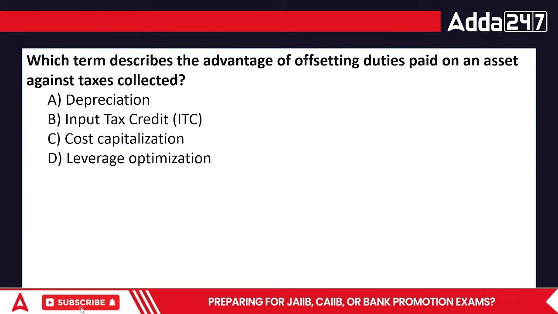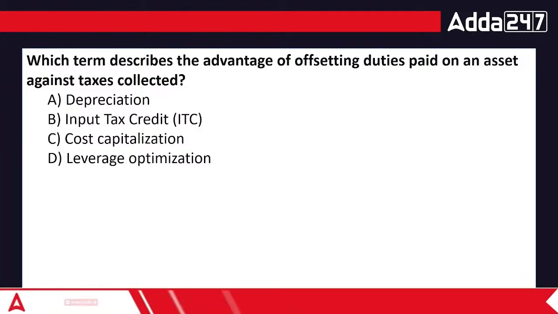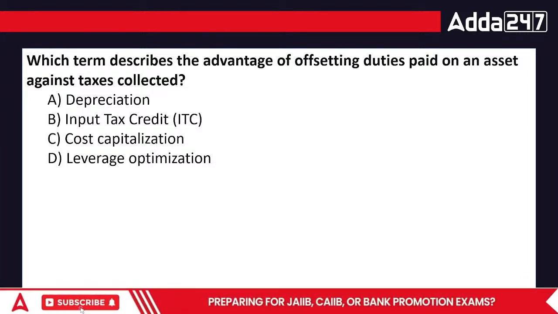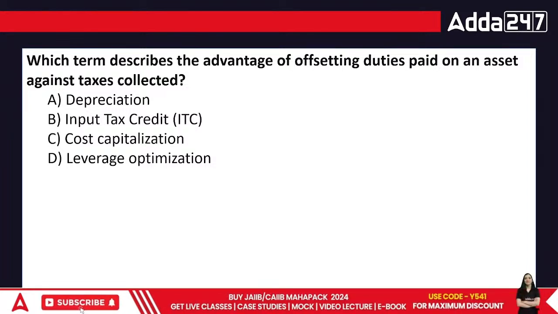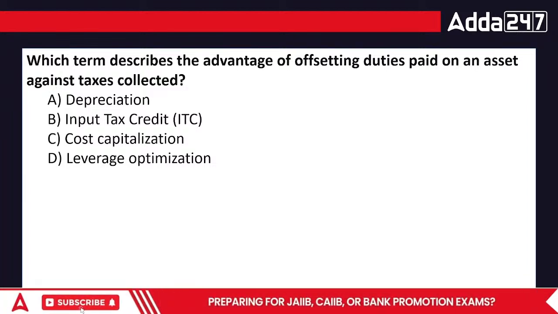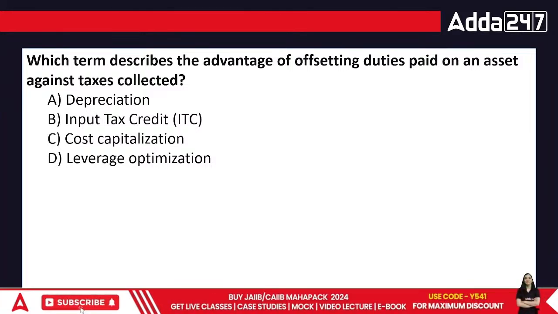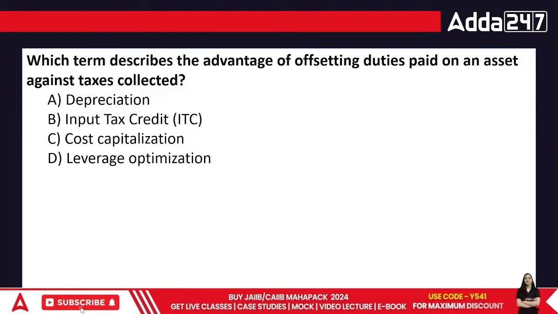Then, if not for depreciation, then what would it be? Chaliye. If it's not depreciation, then ITC. Input tax credit is there in GST. The GST we are supposed to pay and the GST we would have paid. Output and input, they are considered and plus minus is done and then they find that part.